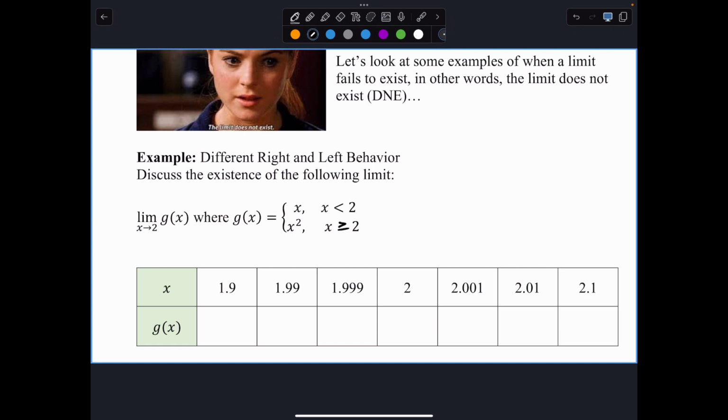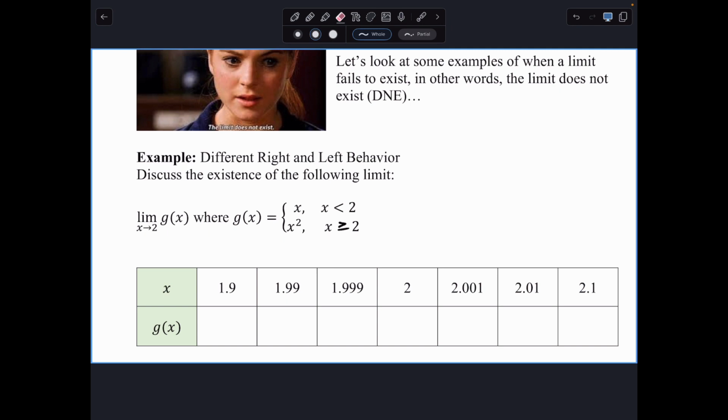So you can go ahead, this is good practice for typing the piecewise into your calculator, and then you can fill in the table. So hit math and then arrow up to piecewise. There are only 2 pieces for the function g of x.